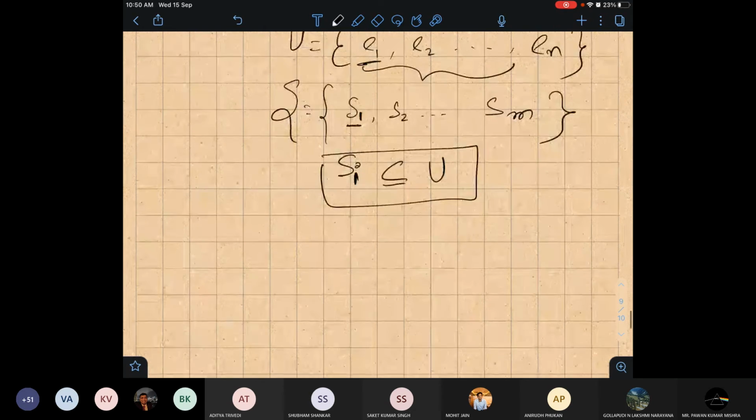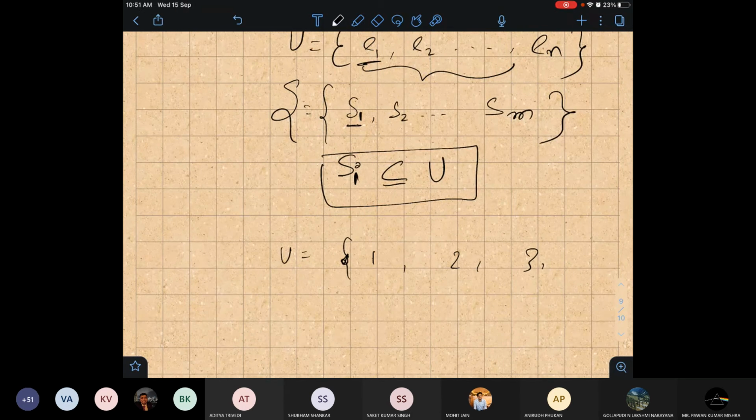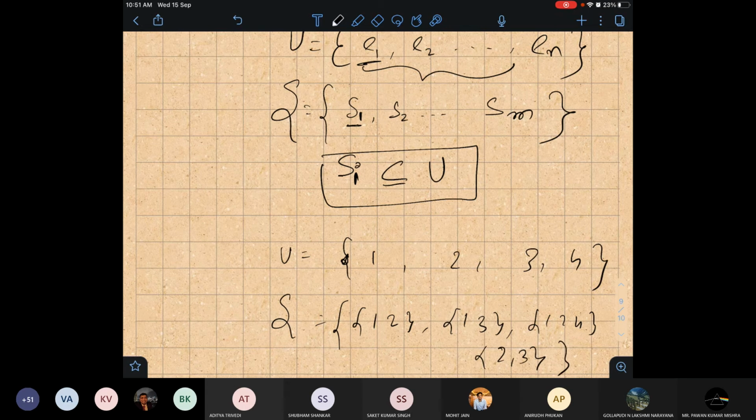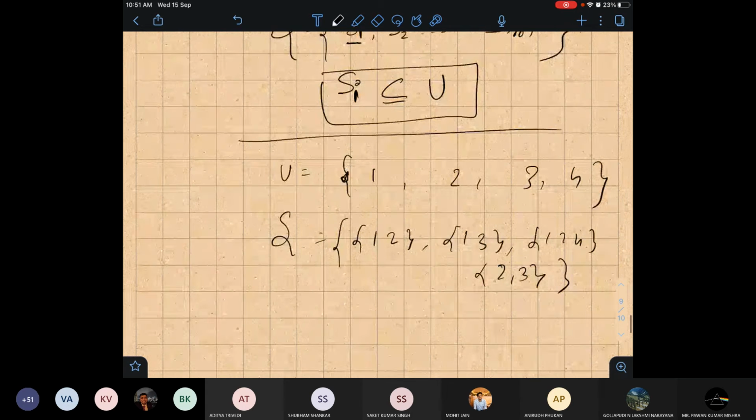Suppose if I take an example, U is 1, 2, 3, 4. Then S could be {1, 2}, {1, 3}, {1, 2, 4}, and {2, 3}. This is what I mean by elements and a family of sets.